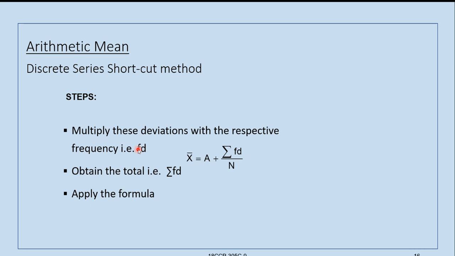Now, obtain the total, that is sigma fd. Of course, this formula should be here in the sixth step. Now obtain the total of the fourth column, that is sigma fd. Fourth column total should be taken, and this formula should be here. Mean is equal to A plus sigma fd by n.